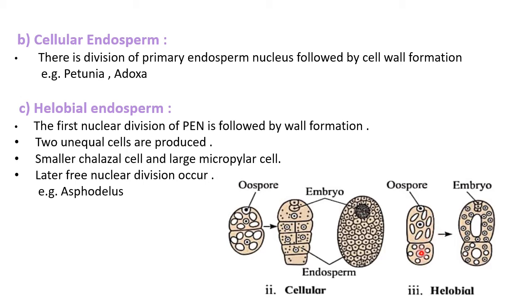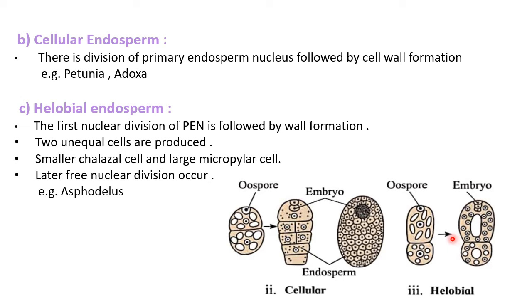The upper cell is large and it is present towards the micropylar end, while the lower cell is small and it is present towards the chalazal end. So initially, primary endosperm nucleus undergoes division and produces two unequal cells, a larger cell and a smaller cell.